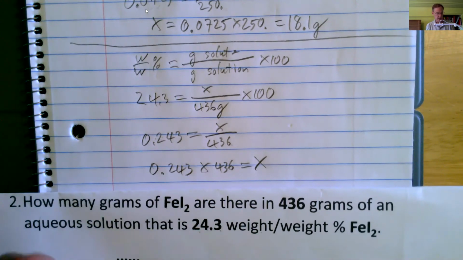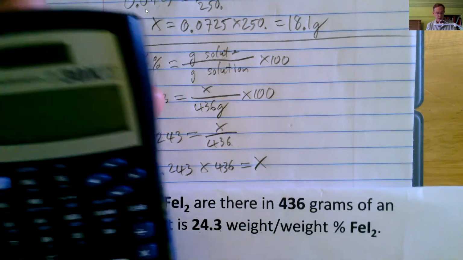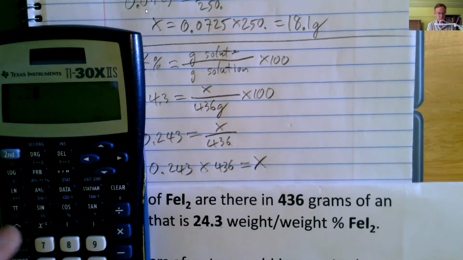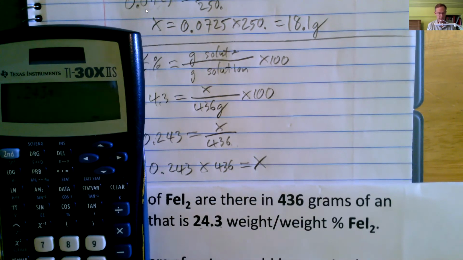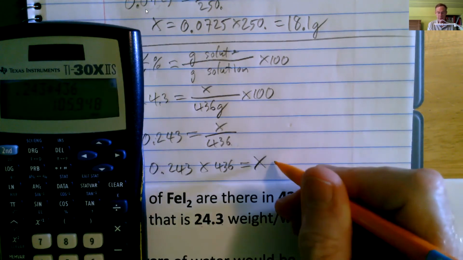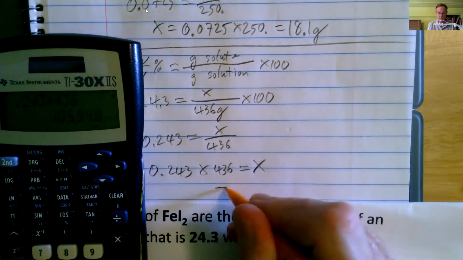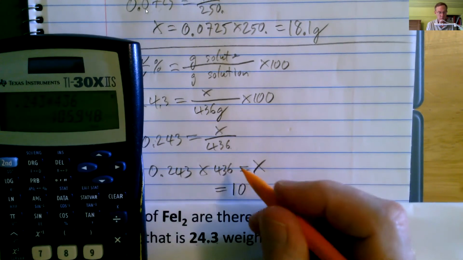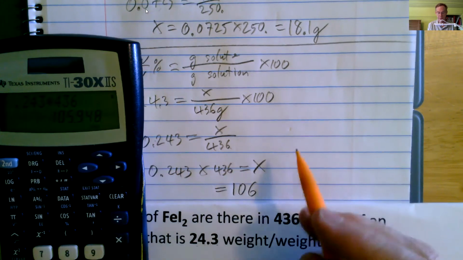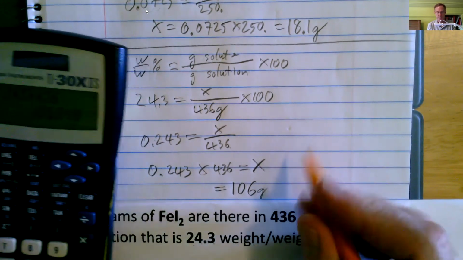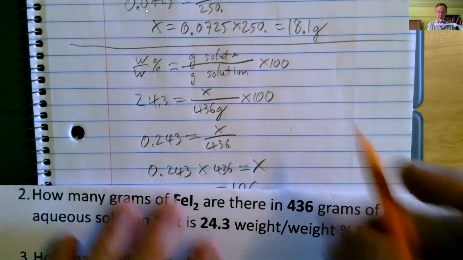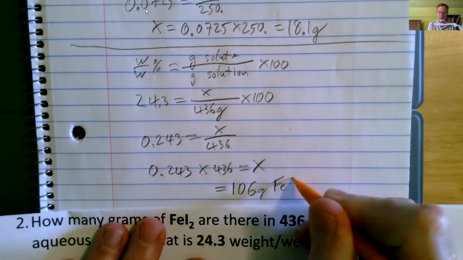And when I punch that out, I get an answer that rounds off to 106 grams of iron 2 iodide, FeI2.